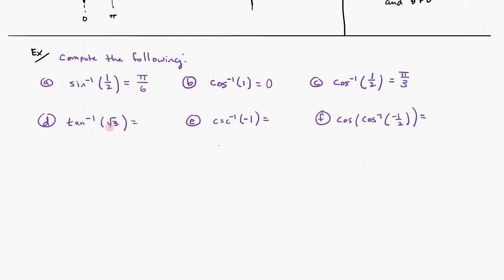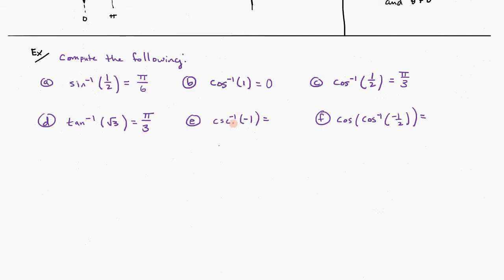For inverse tangent of square root of 3, we have tangent of pi over 3 is equal to square root of 3. So that means the inverse tangent, the angle would be pi over 3 in this case.